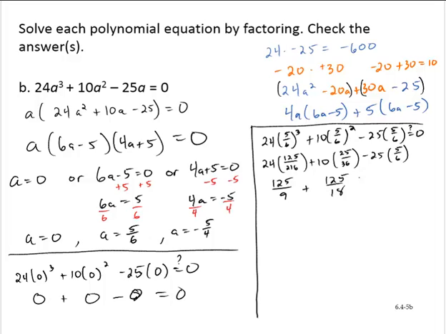And 25 times 5 over 6 ends up being 125 over 6. Oh, that should be a minus.